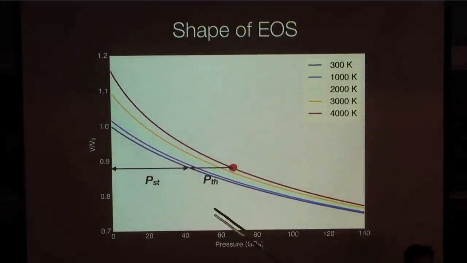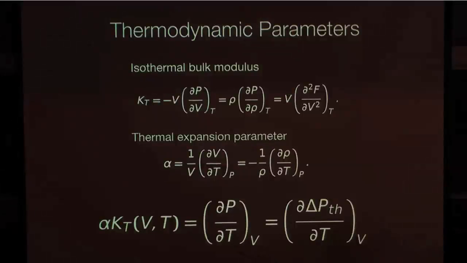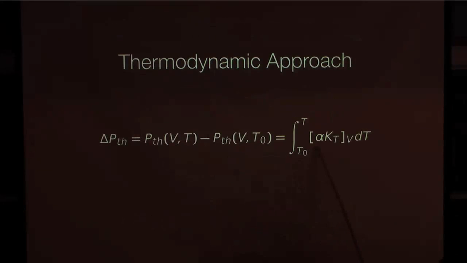For fixed volume, right? So now you have this handy relation. This is true in thermodynamics. There's no assumption behind it. Now, ideally, if you take the integral of this term over temperature, then you can get the thermal pressure directly. Then your job is completed. The reality is not that simple.